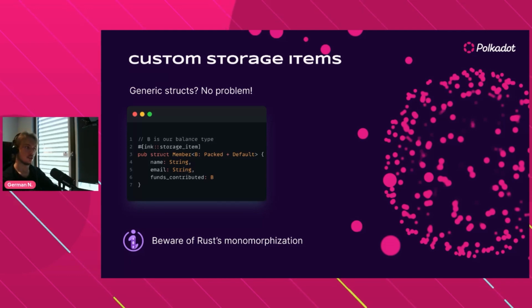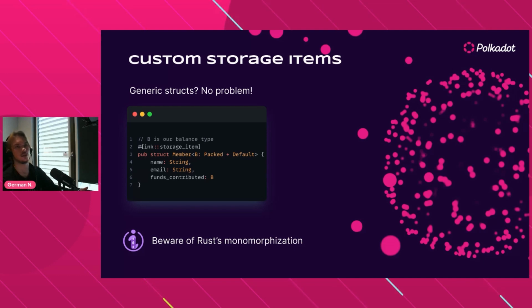You can define it yourself, but as long as it implements Packed and Default, you can easily use it in your generic storage item. However, you need to beware of Rust monomorphization. What that implies is that whenever you provide a concrete type to a member, the Rust compiler will generate a concrete struct with member. It will replace the generic B with the concrete type that you provided.